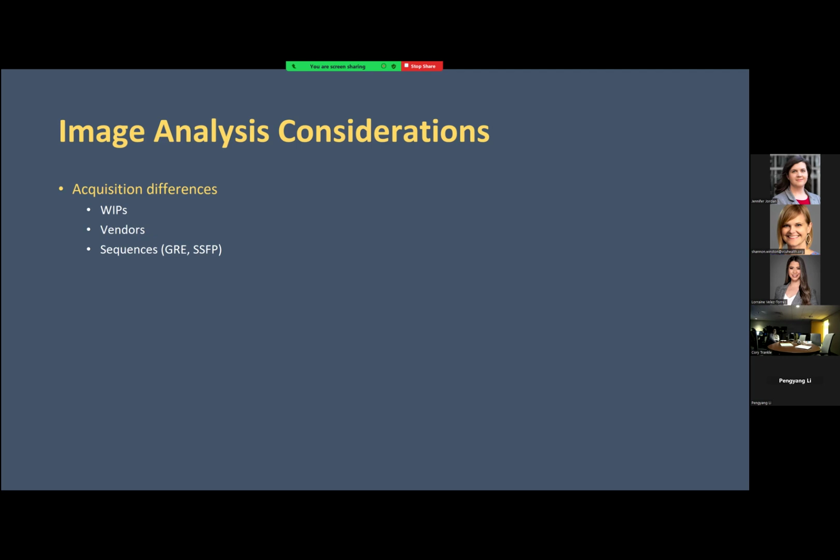There's going to be some variabilities, but we can account for that in the statistical analyses, as well as when we're doing serial studies, that patient gets scanned on the same scanner each time, so that removes the time varying component of having different vendor acquisitions.